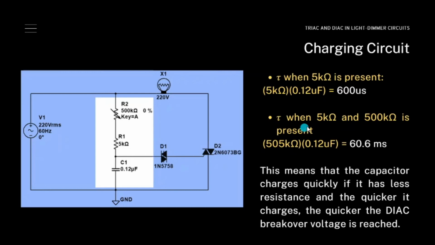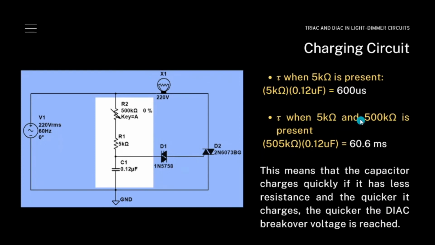Now, if i-100% naman natin itong variable resistor, so we have 500 kilo ohm in series with 5 kilo ohm. In-add lang natin yung 500K at 5K, so 505 kilo ohm times 0.12 microfarad, and we have this time constant na 60.6 milliseconds.